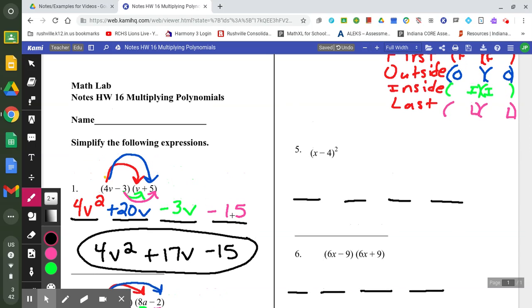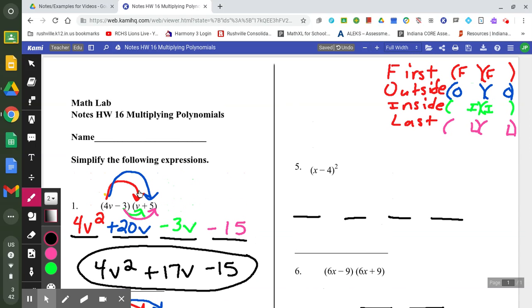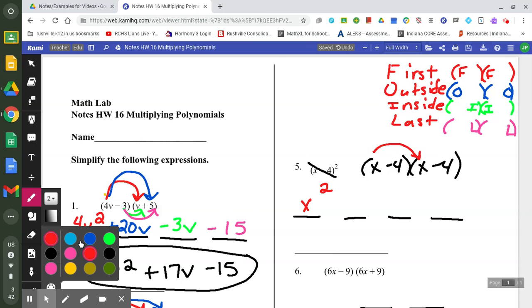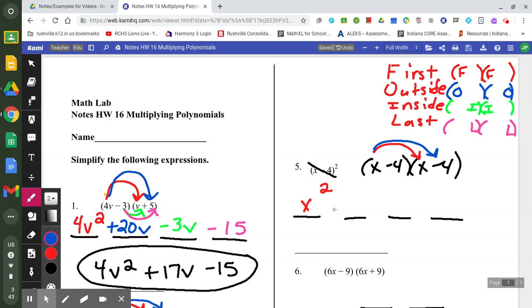Now, number 5, the same thing happened. I have my little 2 here, so that means I'm going to be writing x minus 4 times x minus 4. So I'm not going to need that anymore. My first terms, x times x gives me x squared. Outside terms, x times negative 4 is negative 4x.